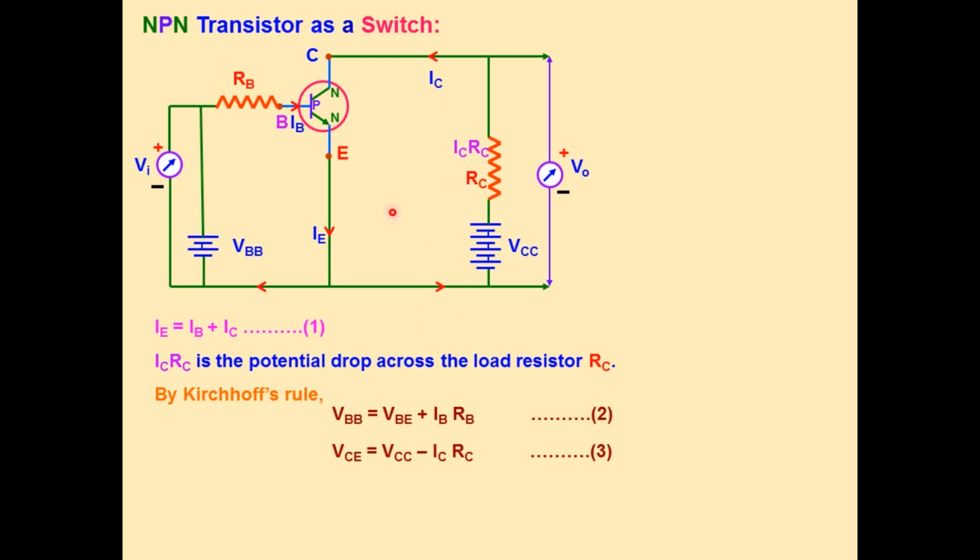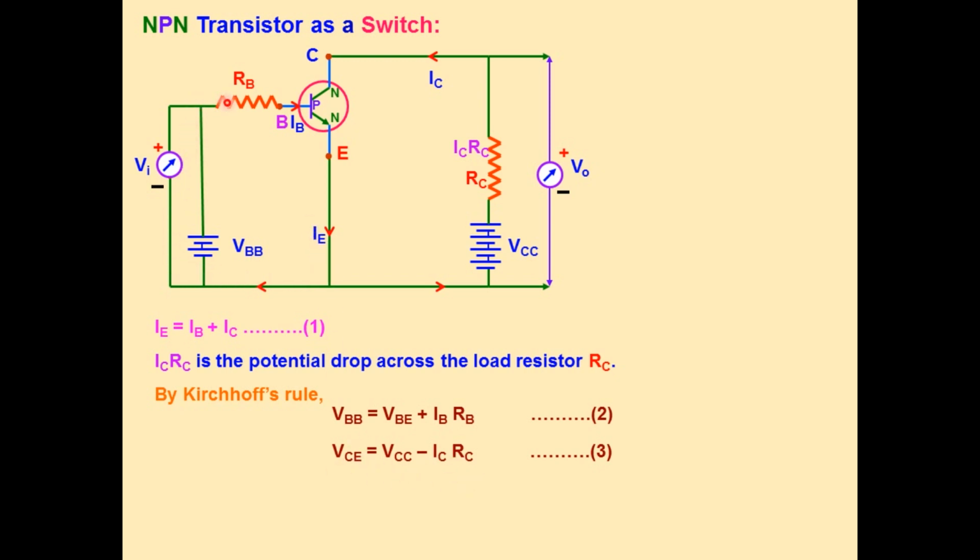Kirchhoff's second law is applicable for a closed loop. Okay, closed loop. VCC, we are moving opposite to the current direction, so VCE equal to VCC minus IC into RC.